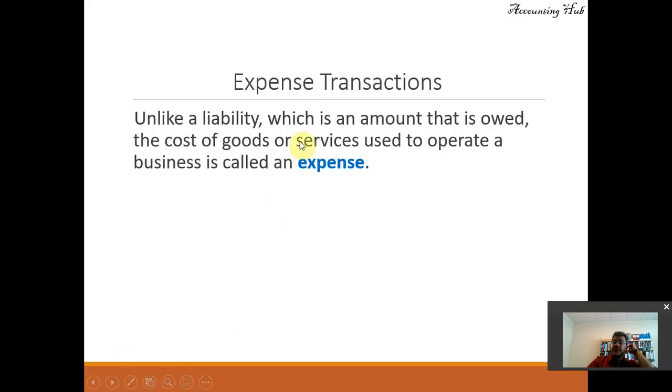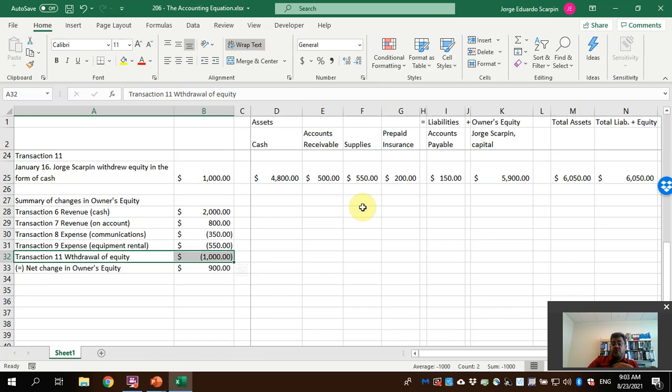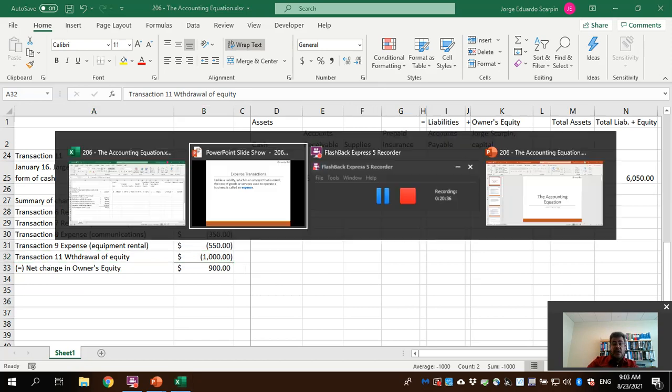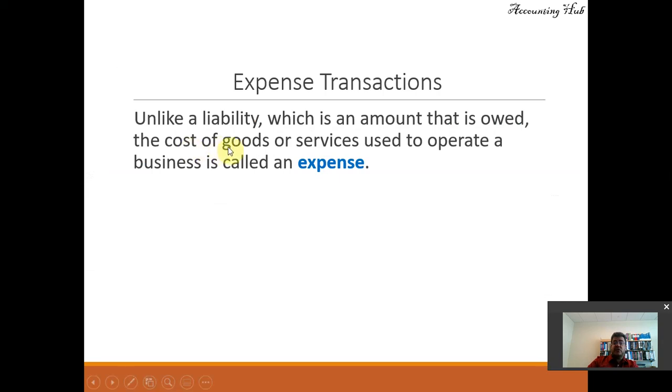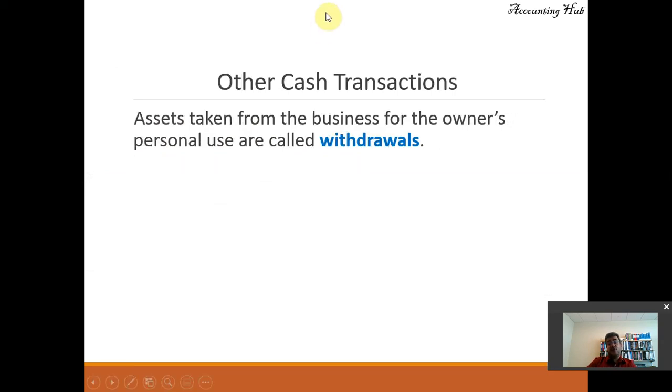Because an expense is the cost of goods or service used to operate a business. I, the owner, withdraw money to pay my personal bills. It is not cost of goods or service used to operate a business. So it decreases our equity. It is a withdrawal, but it is not an expense.